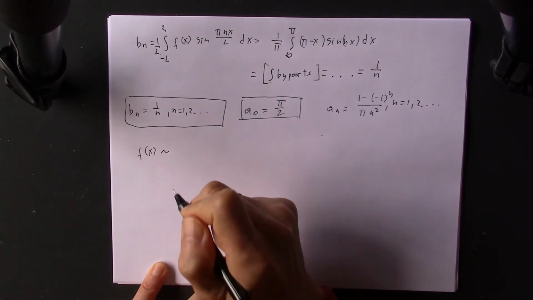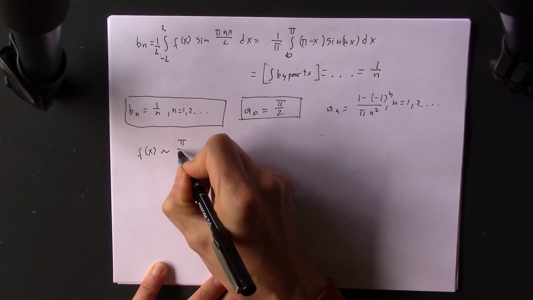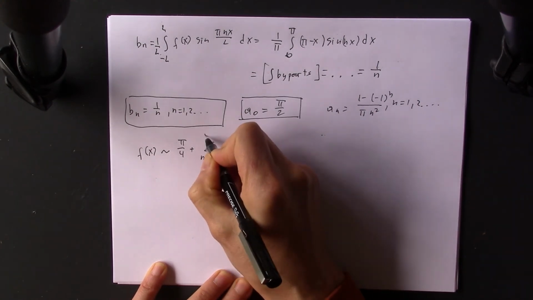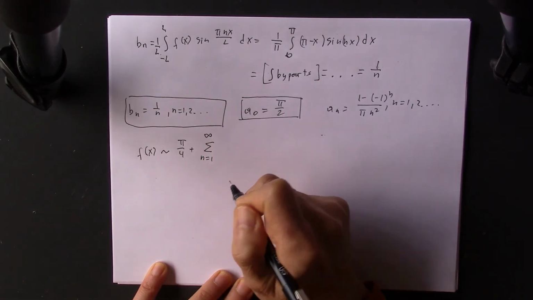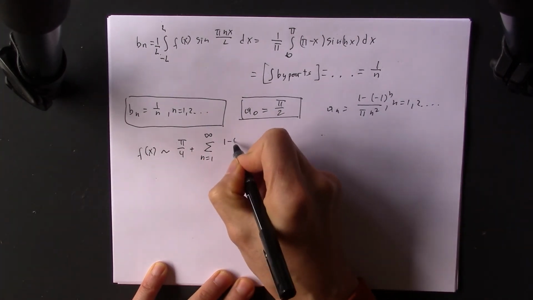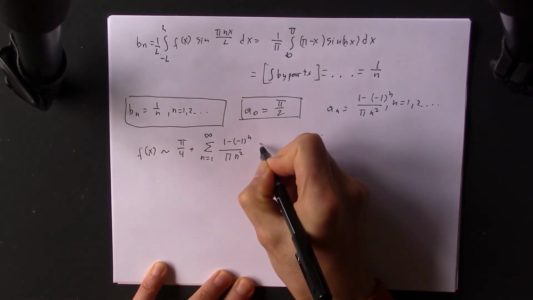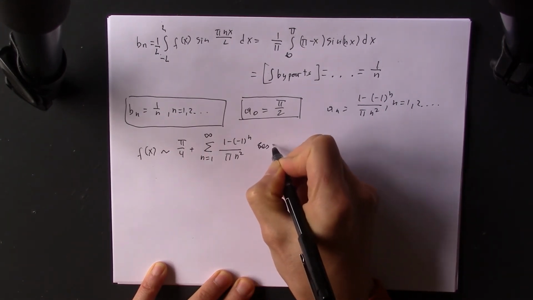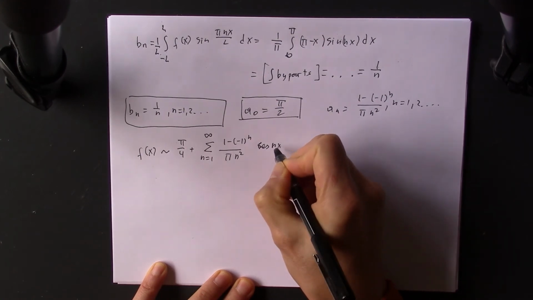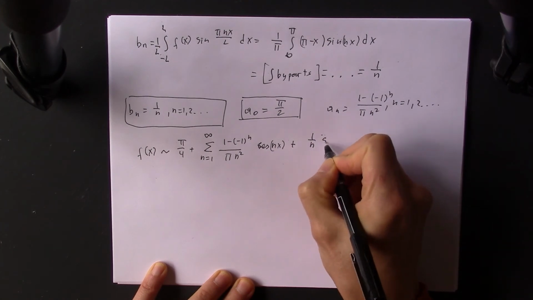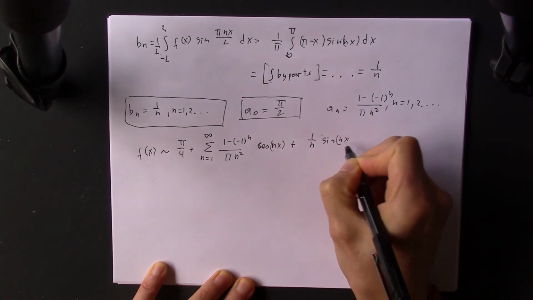It's going to be equal to a0 over 2, pi over 4, plus the infinite series, n from 1 to infinity, of 1 minus negative 1 to the n over pi n squared times cosine of nx plus 1 over n sine of nx.